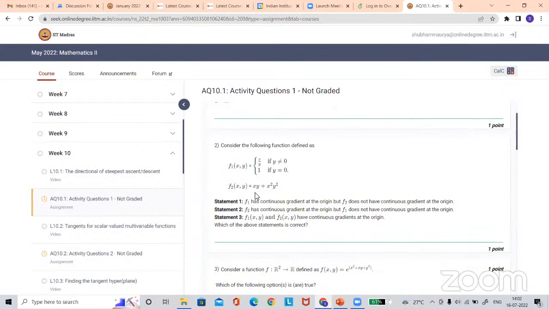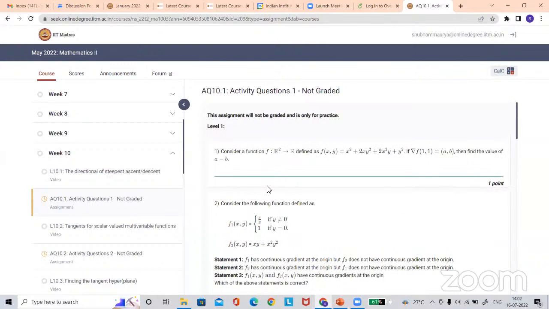10.2. In this question, we have two functions, f1 and f2. F1 has a continuous gradient at the origin, and f2 doesn't, or f2 has it and f1 doesn't. Sir, actually question 1 first.